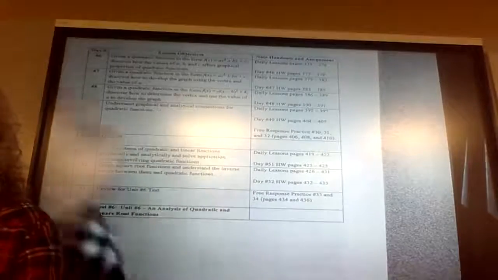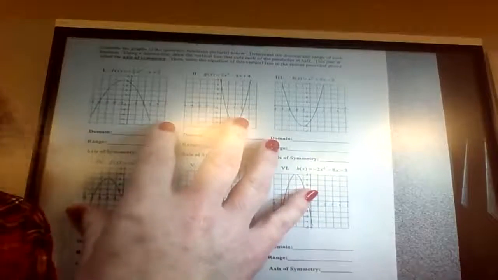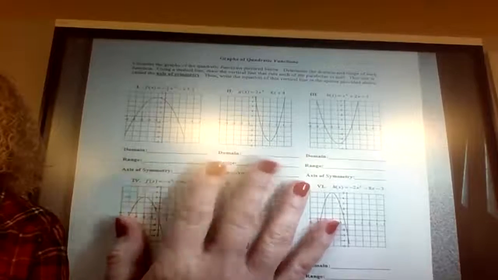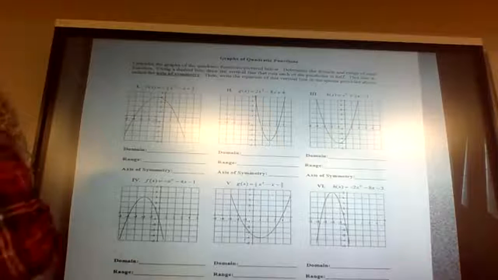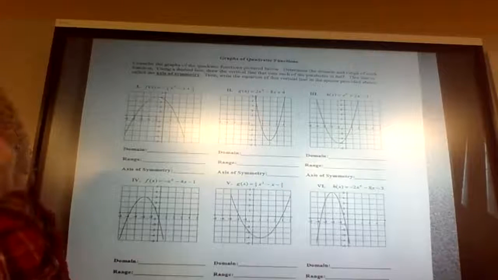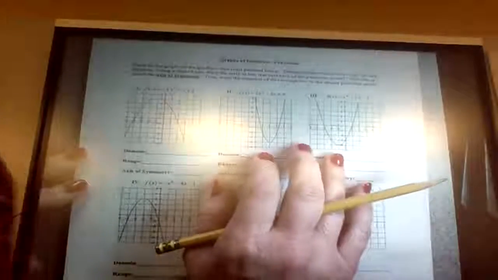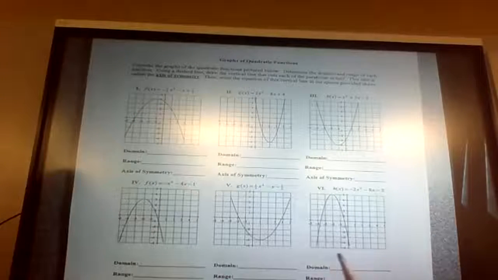So anyway, all right, so let's look at graphs of quadratic functions. Consider the graphs of the quadratic functions pictured below.